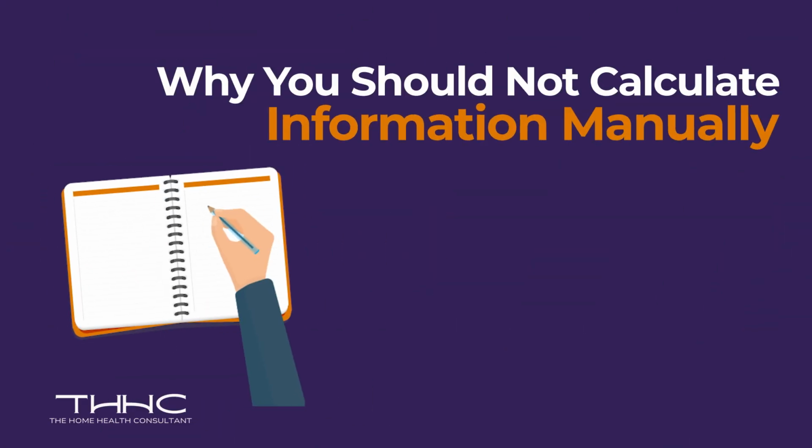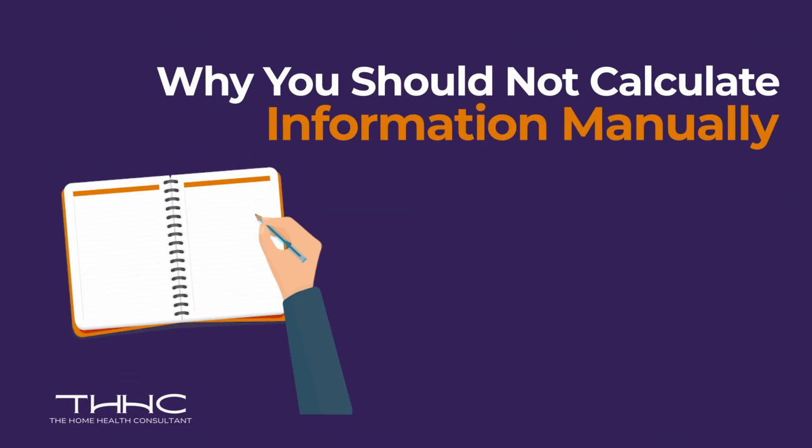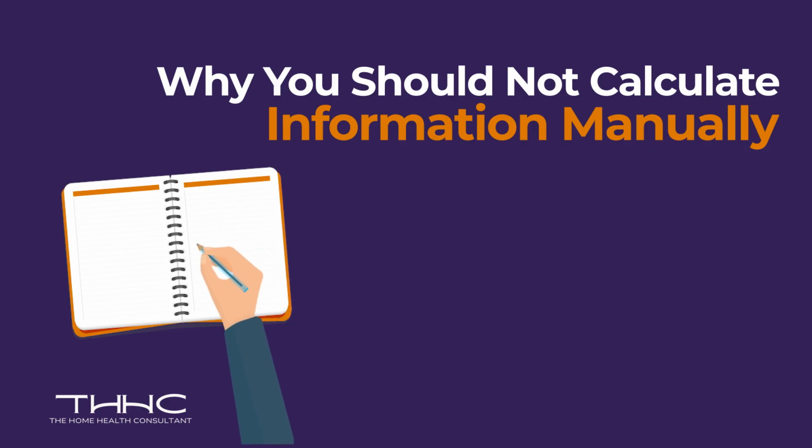Another fun fact about this, and why you should never calculate this manually, is that those numbers, like patients and visits by age, patients and visits by insurance, patients and visits by diagnosis, and so on, at the end all need to match each other.